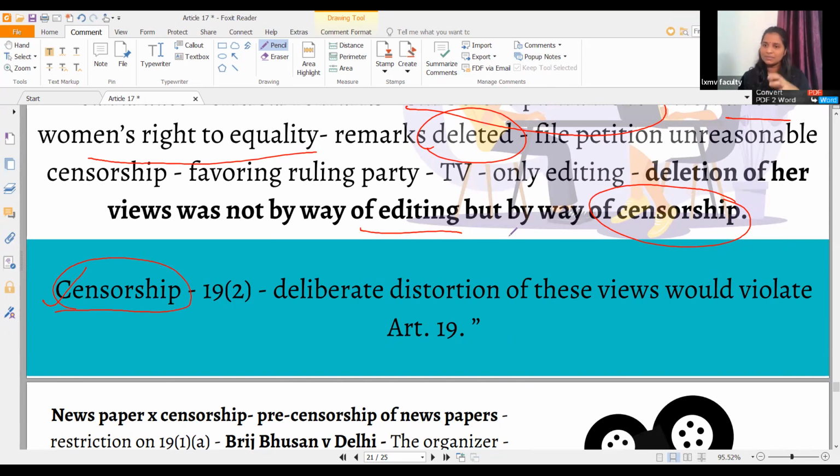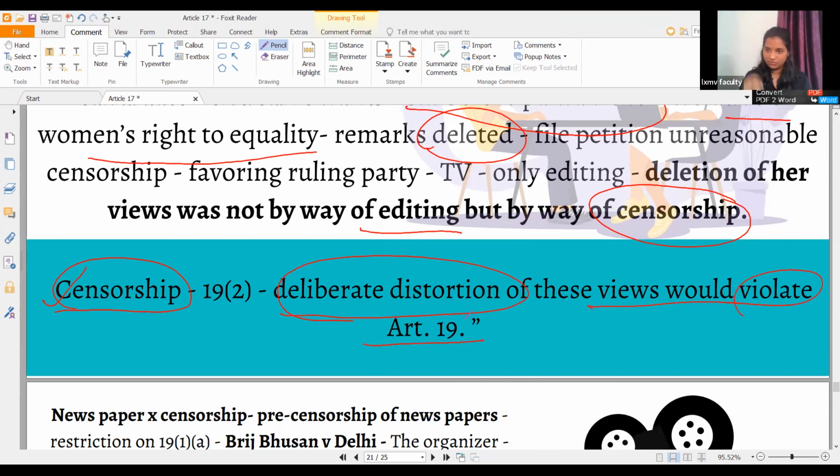To bring in something which is in the dark, like scams, the real identity of the government, especially the ruling party. So pre-censoring or allowing censorship on these things is definitely curtailing the freedom of press. It will affect our democracy in return. That was the thing. Not only censorship, the deliberate distortion of any views would violate your Article 19.